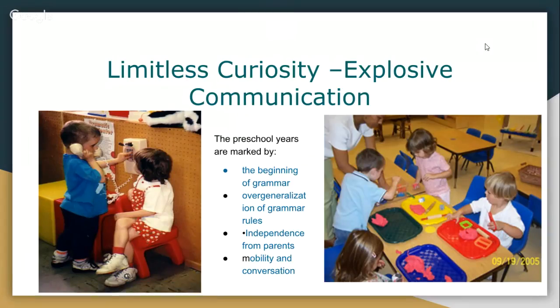So the preschool years, sometimes people imagine as being filled with the terrible twos or the temper tantrums of the three. And I really like to think of it not as terrible, but terrific, that these are remarkable years of growth in so many ways for young children. We see them being able to make independent choices, and that's really the root of where their assertiveness comes from, where they are asserting their will.